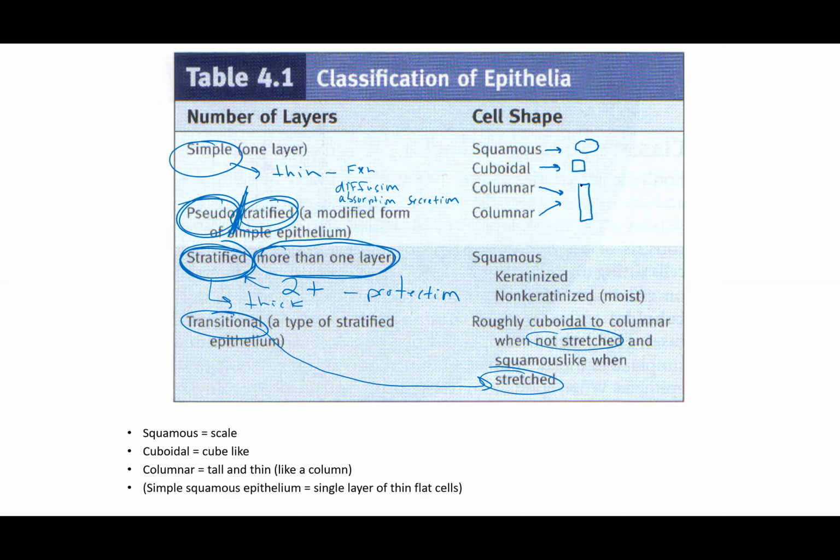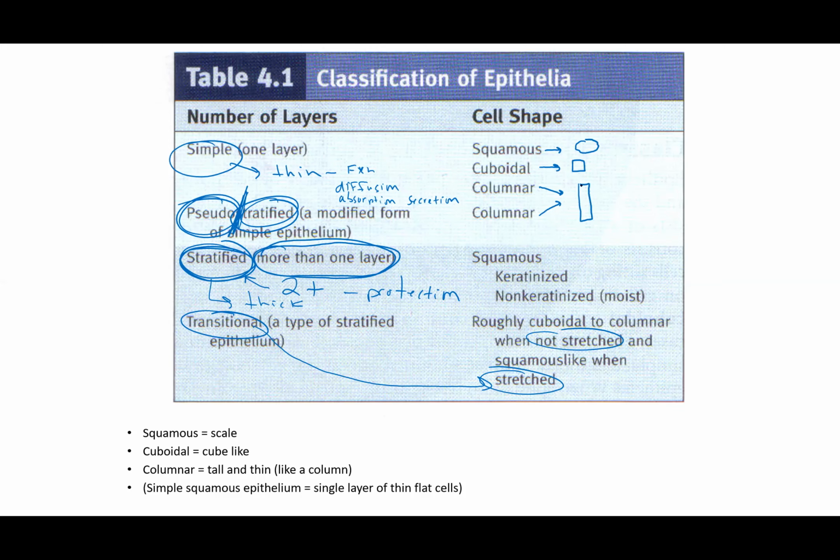It is multiple layers and shaped like a column. What would they call it? Stratified columnar. Good. Okay, so that's kind of as easy as that.